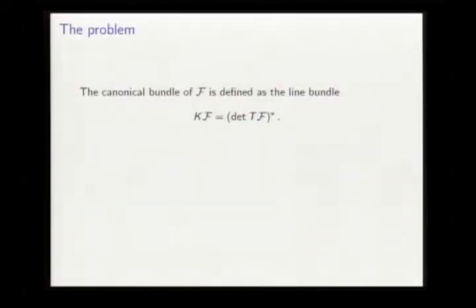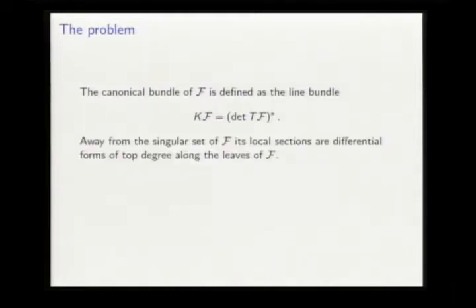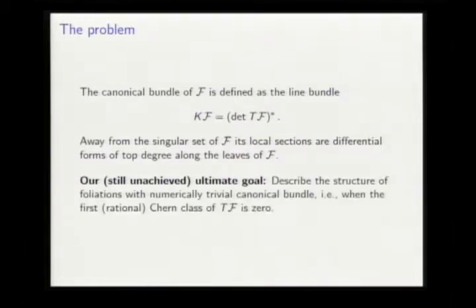It's the same canonical bundle of a variety. And what we want here, or at least I want to discuss results that go towards this direction, is to describe the structure of foliations with numerically trivial canonical bundle, when the first rational Chern class of TF is 0.